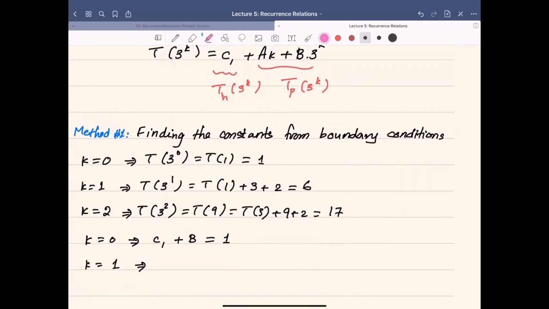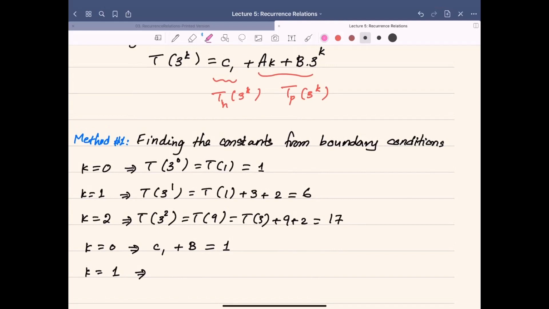So K in here is equal to 1. So what we will have? We will have C1 plus A plus 3B is equal to 6.